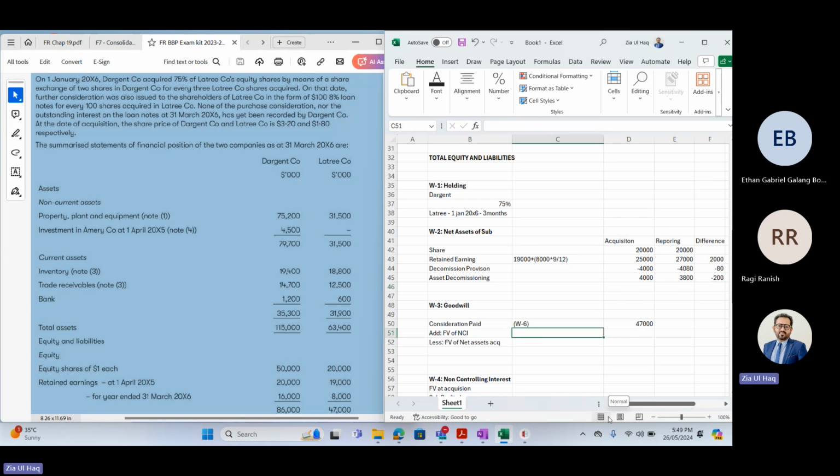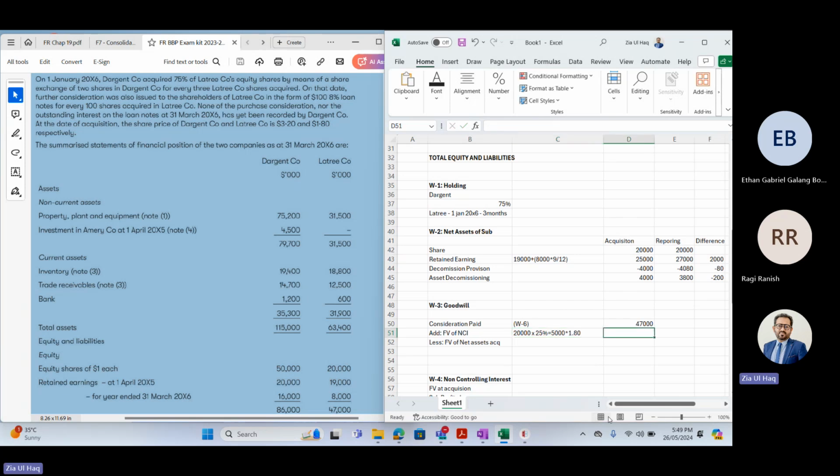So how is this calculated? 20,000 multiplied by 25% is equal to what? 5,000. So this is multiplied by how much? 1.80.